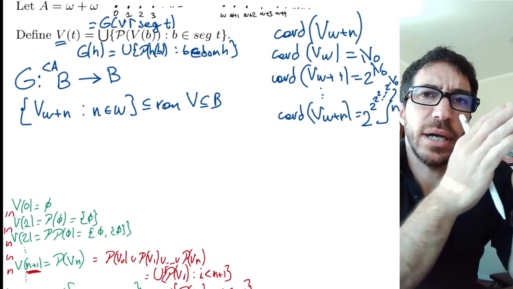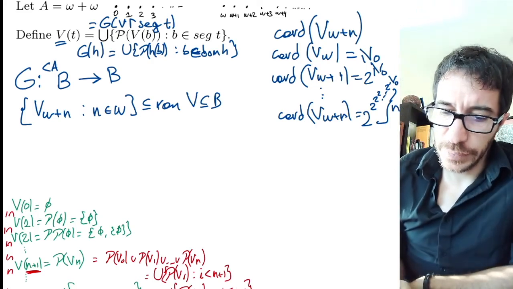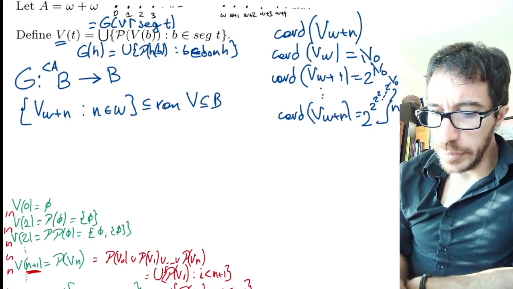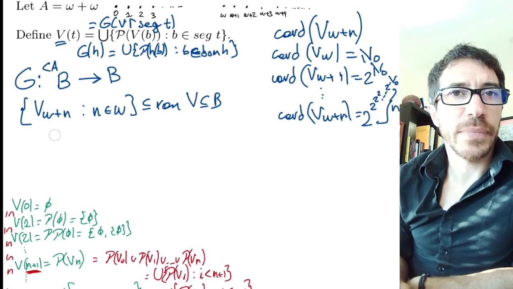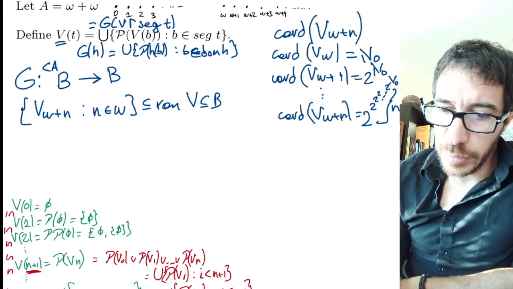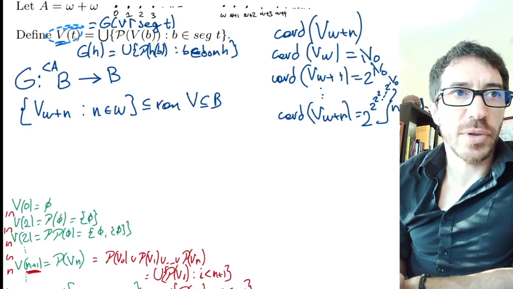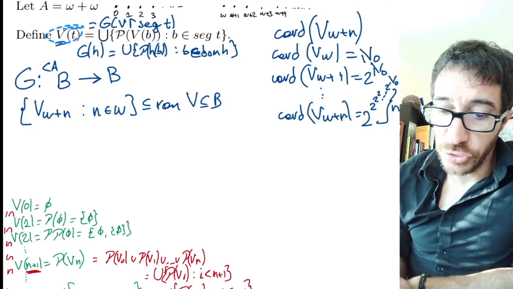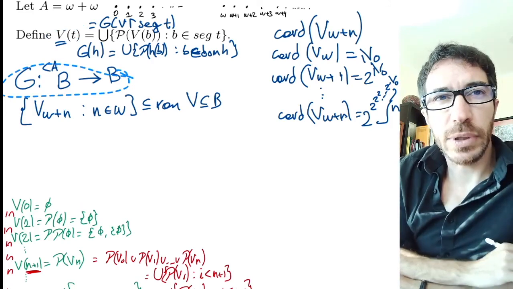But how do we put them all together in a set, like this set up here? How do we build this set? We need to build this set before we define the V's, because we need to have this function g, right?